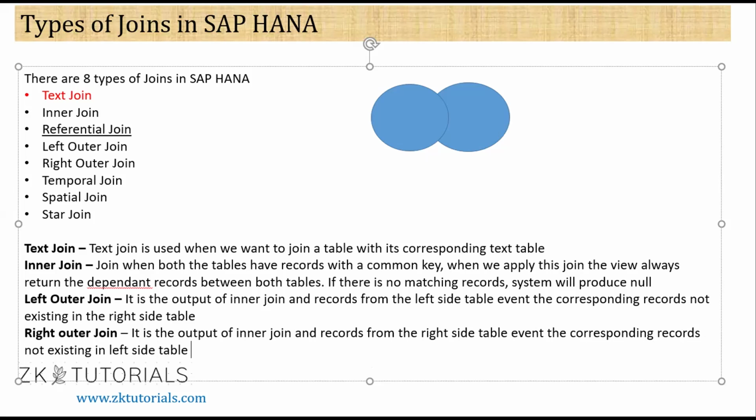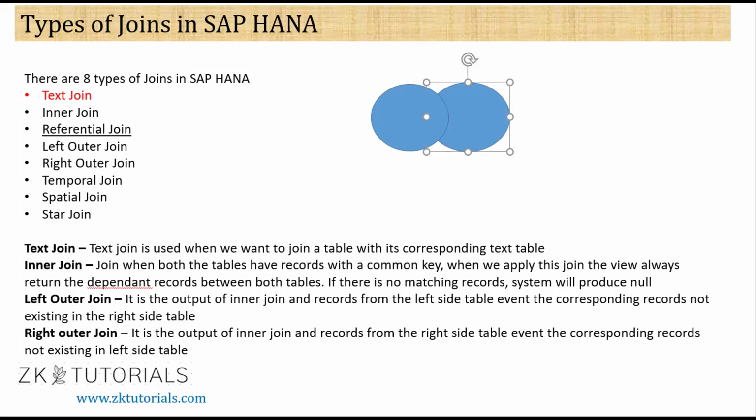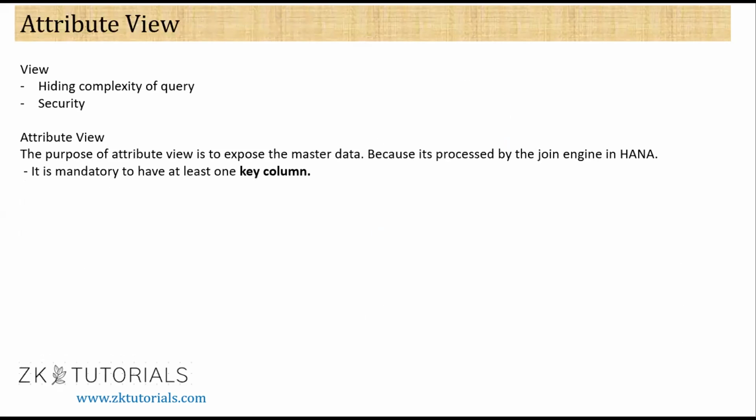Is this clear, guys? What is our right outer join? Okay, for example, the same case is there. I will bring it forward. You can see all the records from the right side table and the common records from the inner join, and records from the right side table even if they are not matching with the left side table. Is this clear, guys?